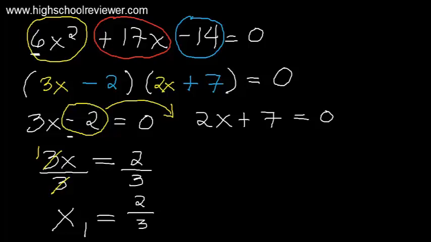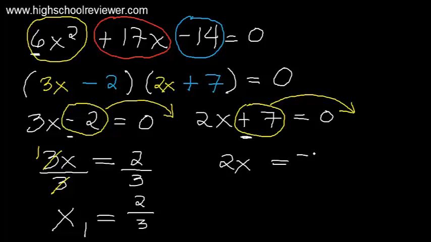To solve for x sub 2, we need to transpose again positive 7 to the other side. So what will be left on the left side will only be positive 2x. And if we transpose positive 7, this will change sign. This will become negative 7.